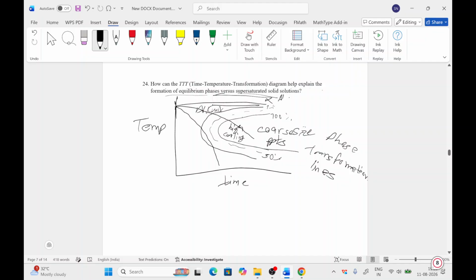Sorry, this is the low cooling rate, and this is the high cooling rate. So the precipitates will be finer, fine precipitates.